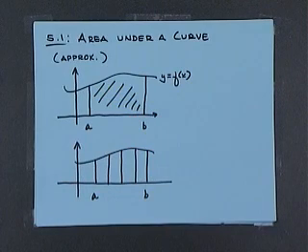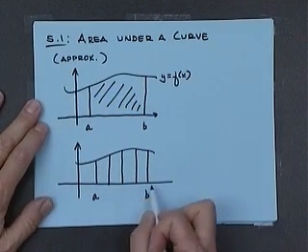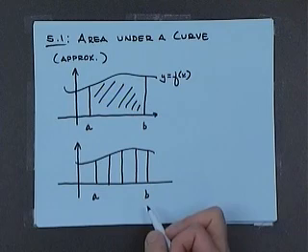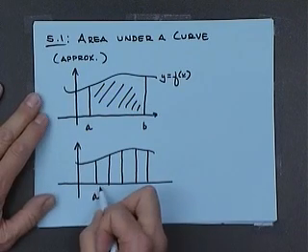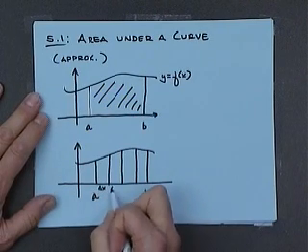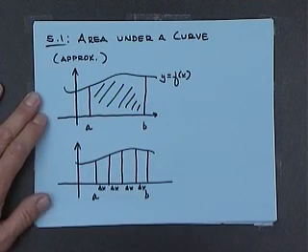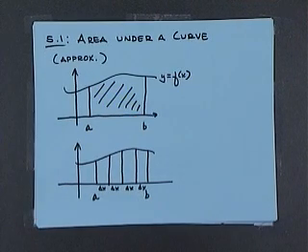Those aren't rectangles yet, but we can choose. This doesn't have to happen this way, but I made the widths of each rectangle the same. That doesn't have to be true, but it is a good place to start. So all of these are some delta x wide.